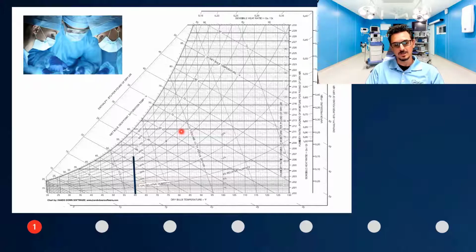So if we look at 60 degrees dry bulb, draw a line here. 68 wet bulb, draw a line there, and then I fill in the 20% RH and the 50% RH, which is here, and I shade this in.